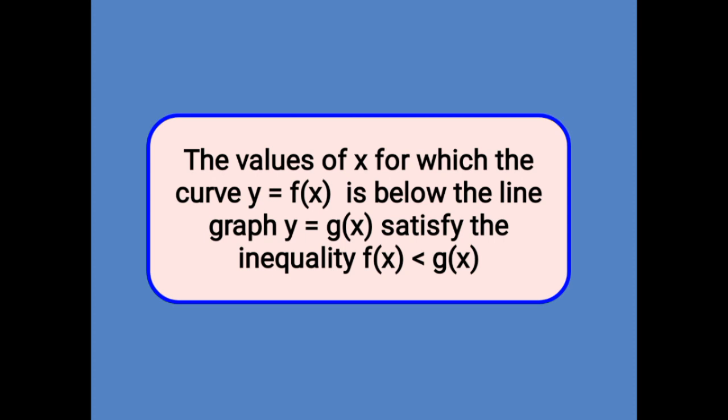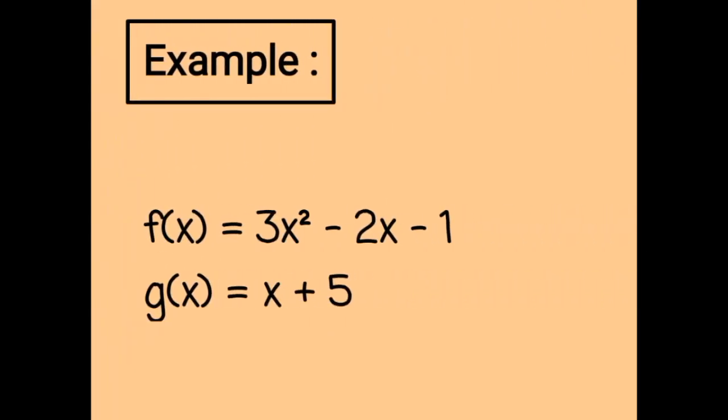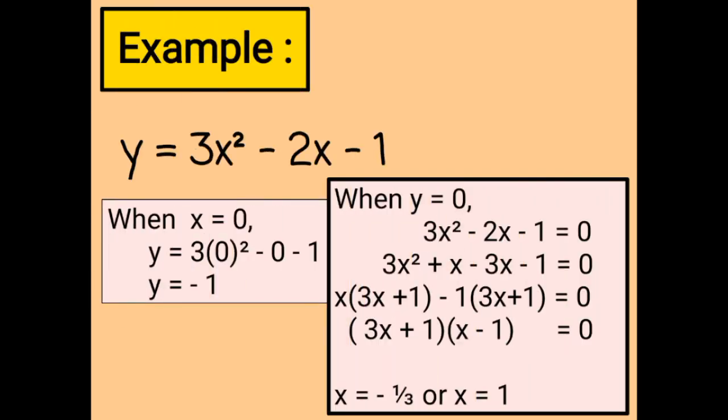For example, f(x) equals 3x squared minus 2x minus 1, g(x) equals x plus 5. Now, find the set of values of x for which the curve with equation y equals f(x) is below the line with the equation y equals g(x). First, let's sketch the two graphs on the same axis. y equals 3x squared minus 2x minus 1.